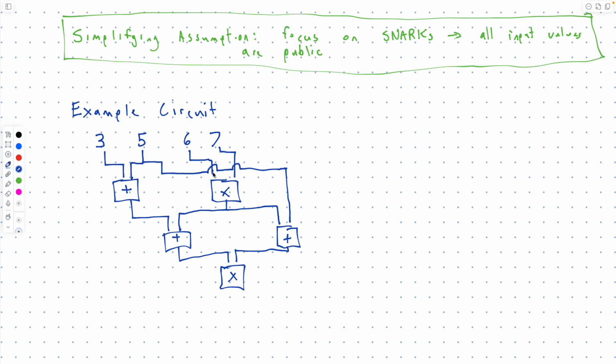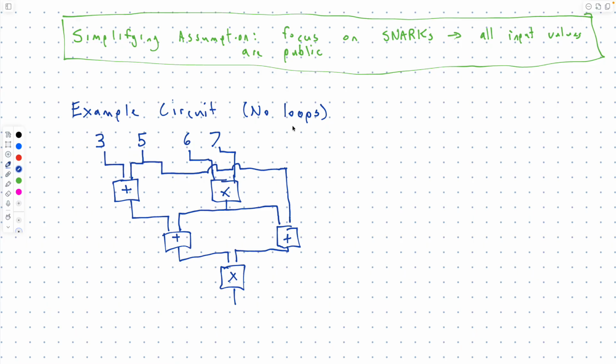Okay, so this is a pretty regular circuit. There's a few things that aren't allowed. We're not allowed to do loops, so we're not allowed to take an output and feed it back into an input. So this is a circuit, no loops. And again, this is a universal circuit, so the fact that there's no loops doesn't matter.